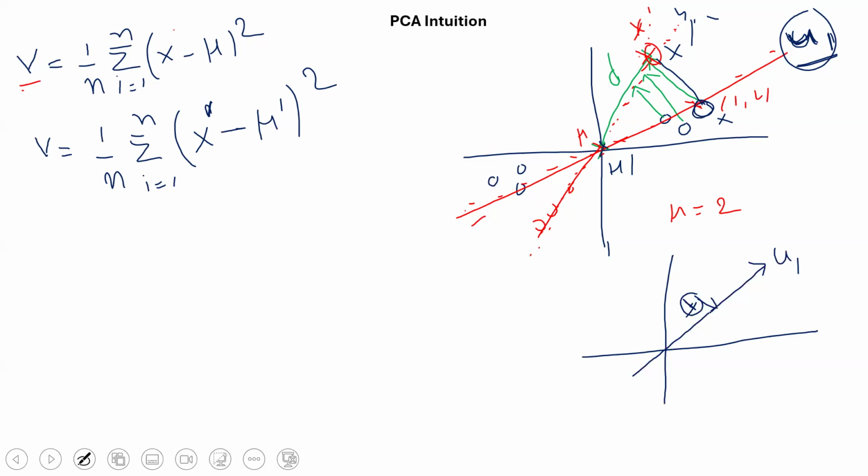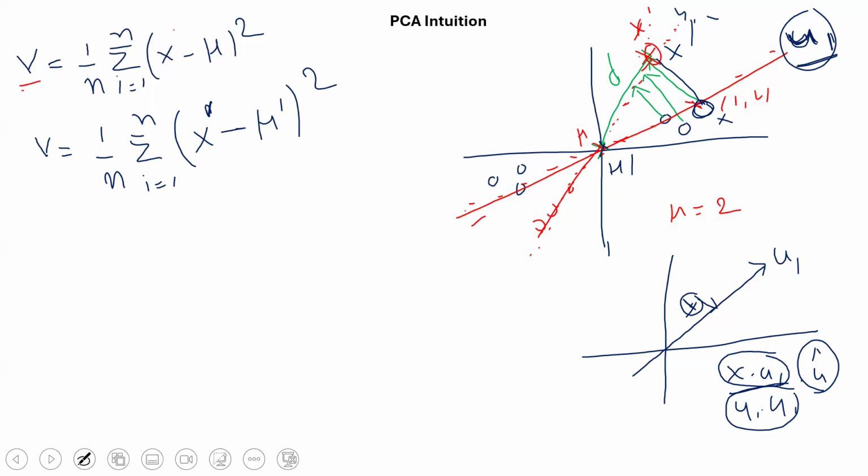The formula for this is x dot u1 by u1 dot u1, times u1 cap. u1 cap is the direction, and the magnitude of that point becomes x dot u1 by u1 dot u1.